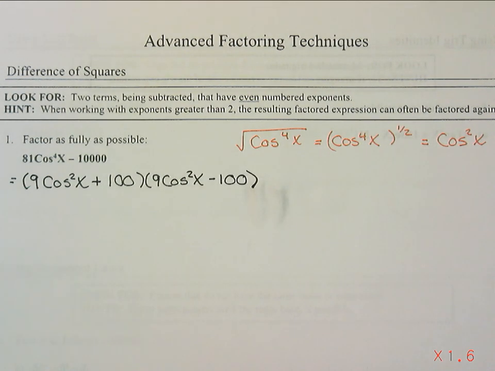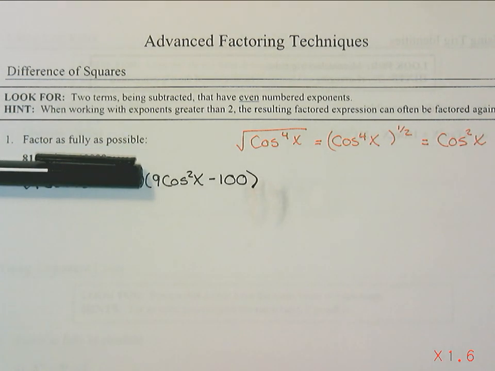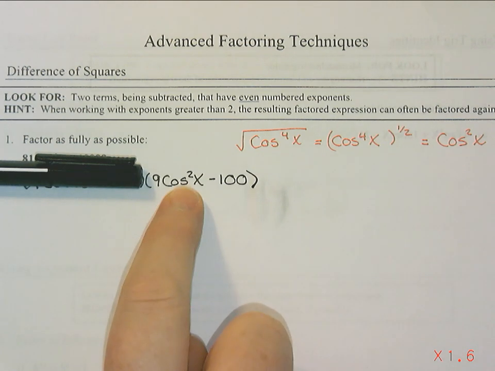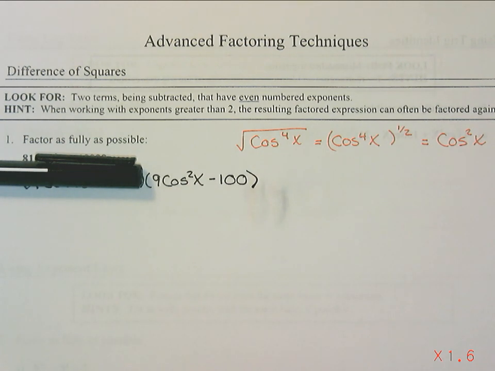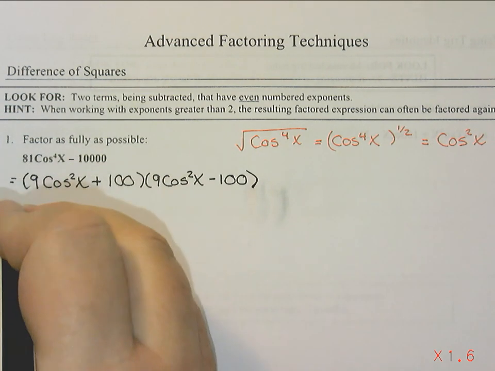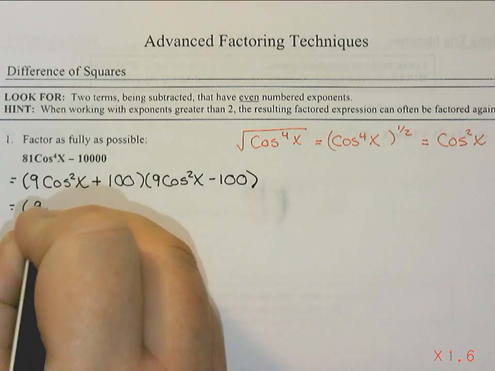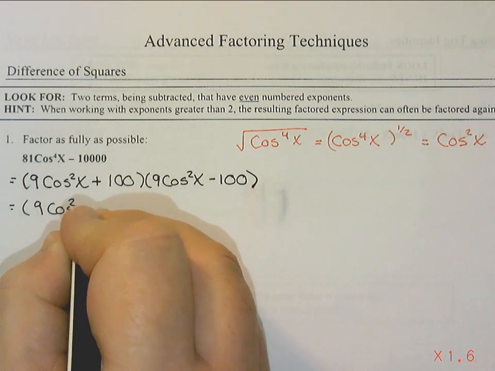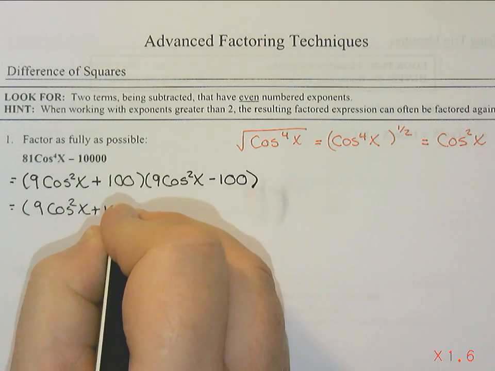If I look at the second bracket, I have 2 terms. They do not have a common factor, but 9 is a perfect square, 100 is a perfect square, and that cosine squared x has an even numbered exponent. So I'm going to factor this one further. We're going to leave the first bracket the same, so I have 9 cos squared x plus 100.